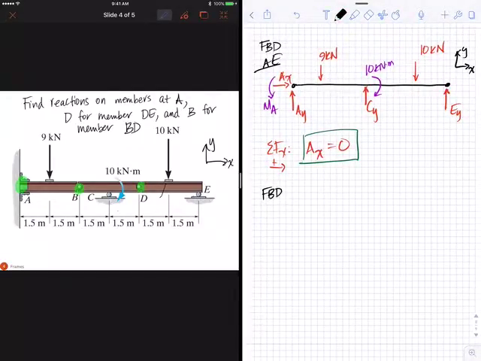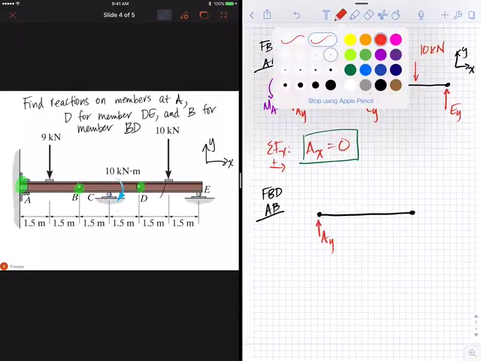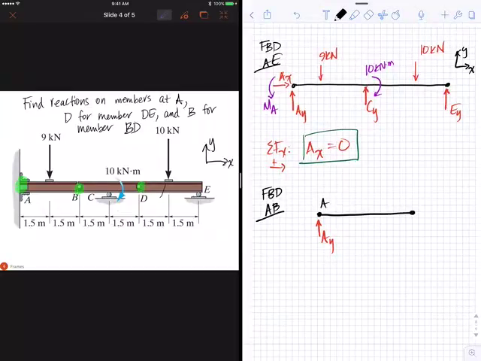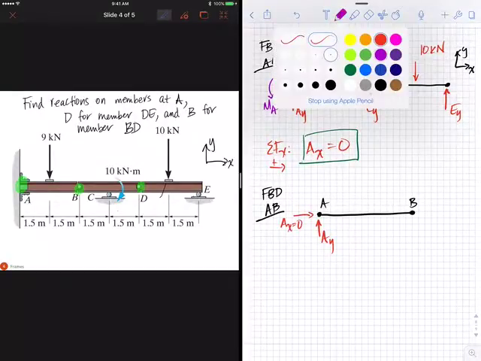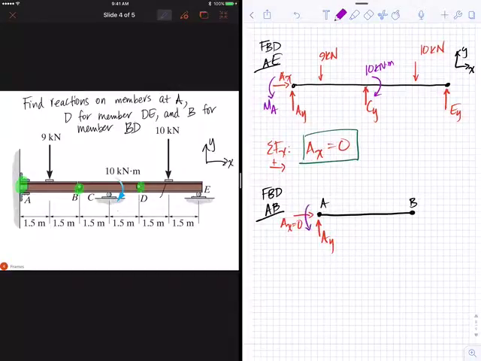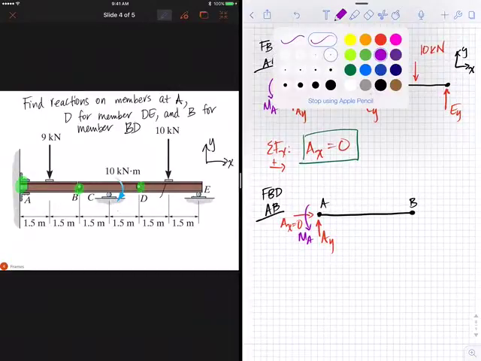So let's start there. Free body diagram of AB. Again, at point A, point B, we have AY, AX, which we already know is 0, and the moment MA. Now what's happening at B for this one?